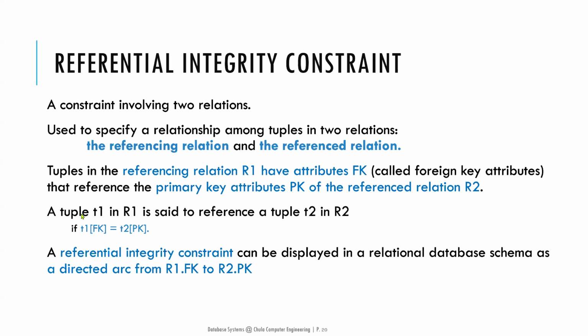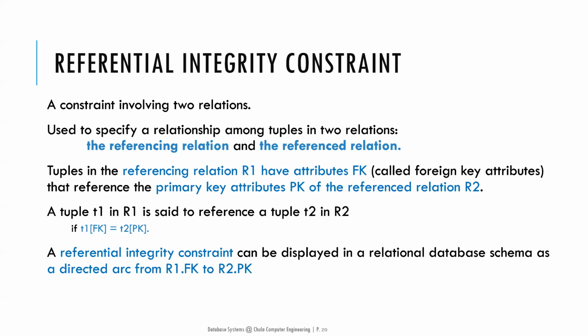These are two different relations, and you want to relate them together. The only way you can do it is to set something called a foreign key. So the foreign key in one relation must be equal to the primary key in another relation.